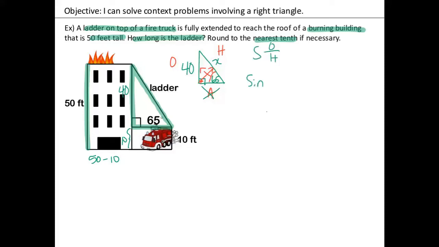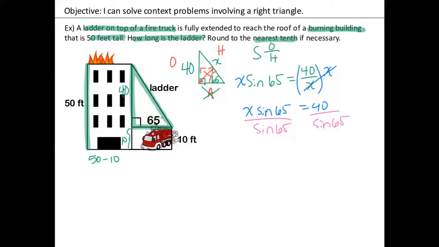So sine of 65 is equal to 40 over X. And then we always multiply by the denominator, this times X, equals 40. Then divide by sine. Those cancel. Now my X is by itself. Go put that in the calculator. 40 divided by sine 65.